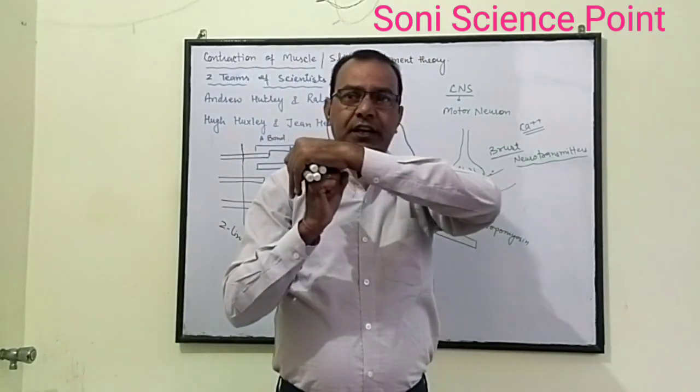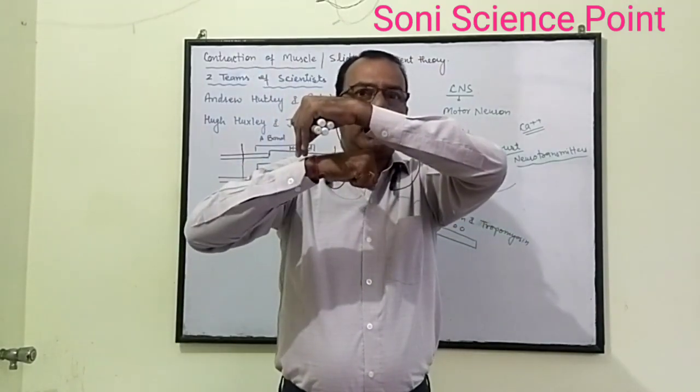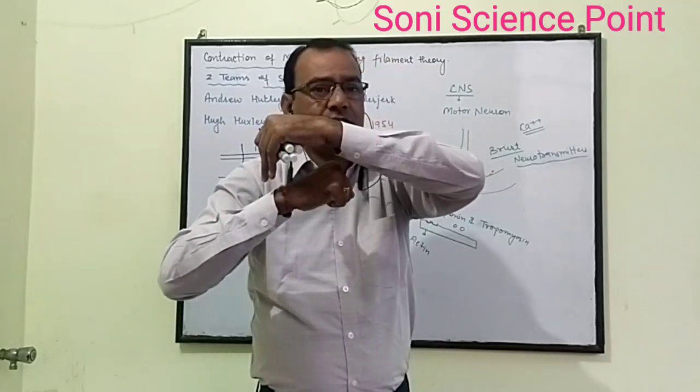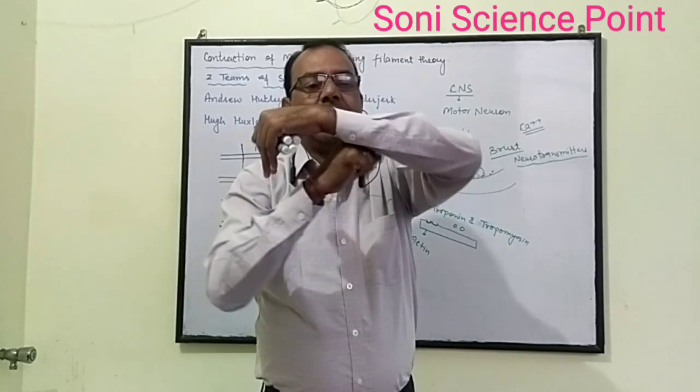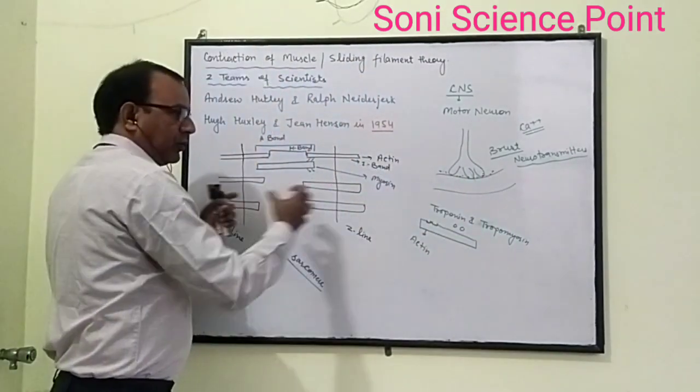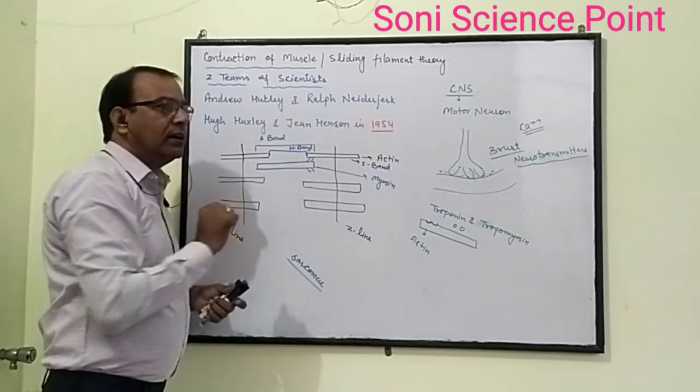As the concentration decreases, the cross bridge breaks down. As calcium concentration is received by the myosin again, the cross bridge forms again and slides the actin. So it is the sliding filament theory, because actin slides over the myosin.